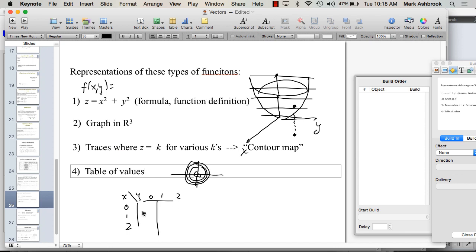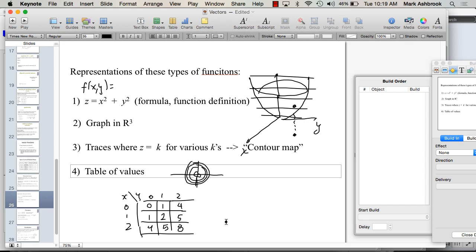Okay, so for our particular function, that paraboloid, 0, 0 gives 0, 0, 1 gives 1, 0, 2 gives 4. 1, 1 gives 2. What does 1, 2 give? 5. 1, 2 gives 5, and 2, 2 gives 8.